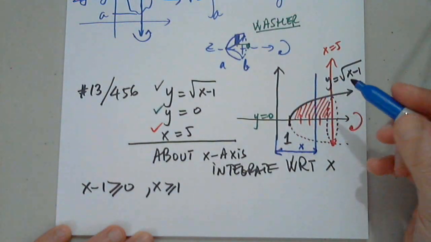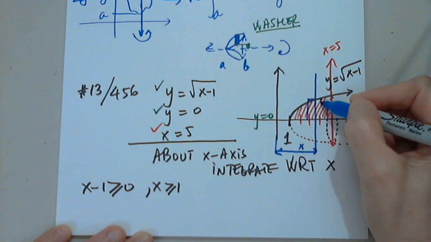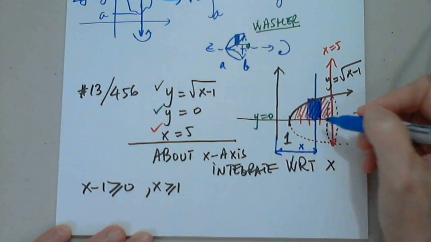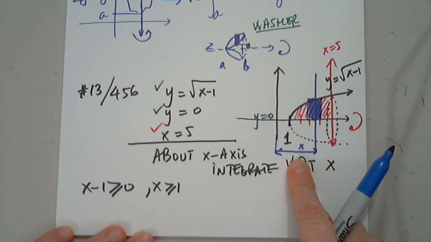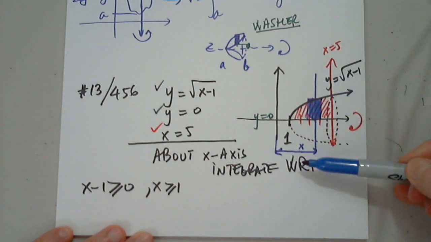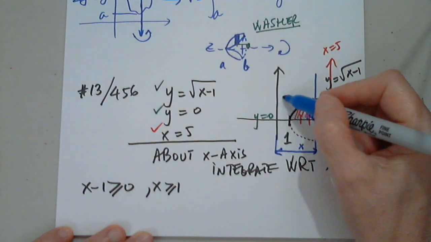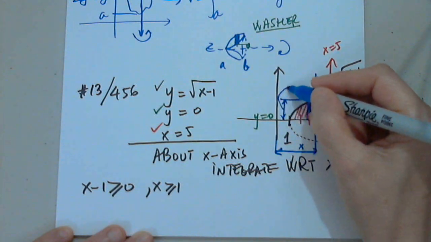So I'm going to use a disk. I will draw any particular rectangle. For this particular x, the radius of this piece is this height. Radius.